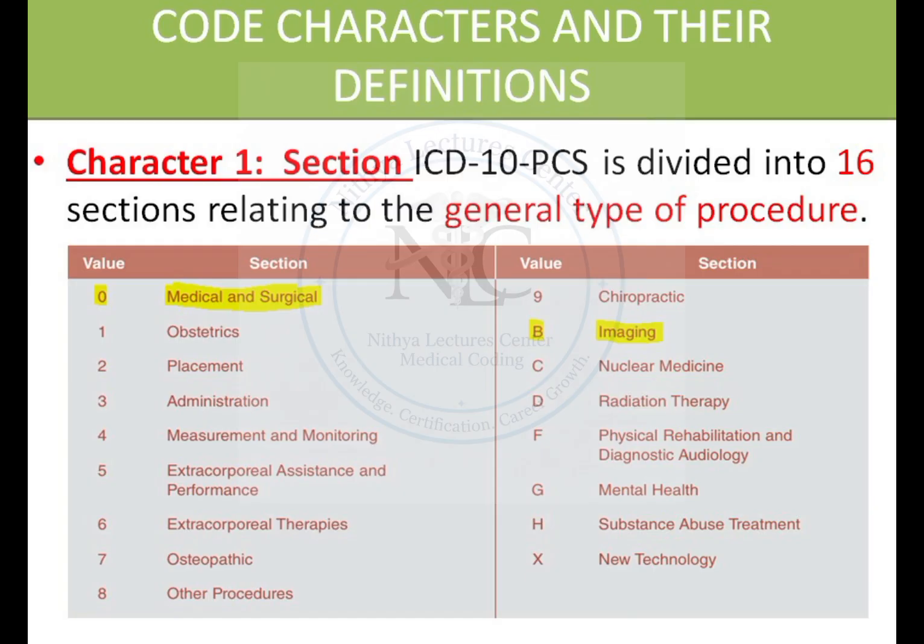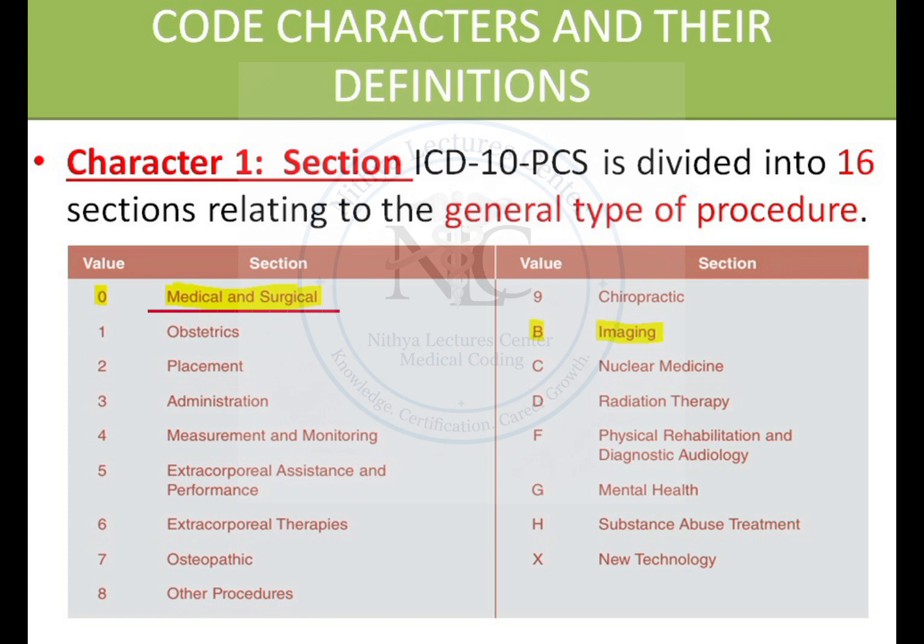The first character, which might be a number or letter, tells you which section you are in. The most common section is 0, which is the medical and surgical section. This is the one you will use the most. It is for major surgeries like appendectomy and arthroplasty.